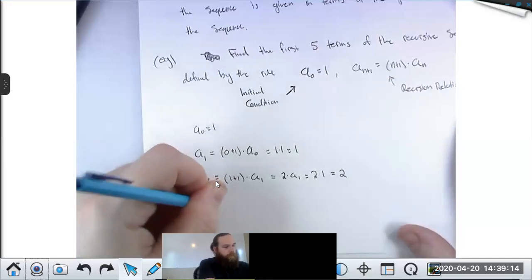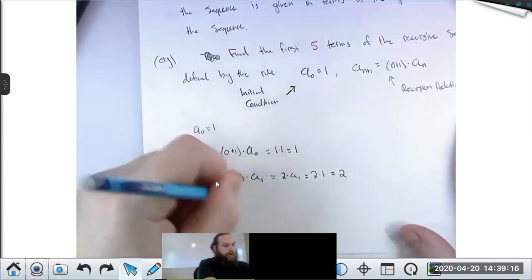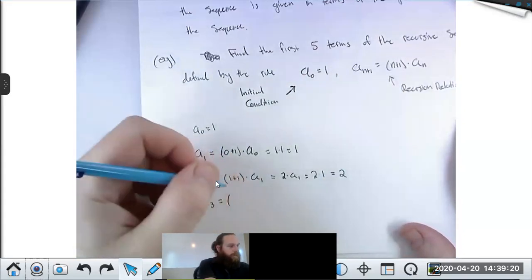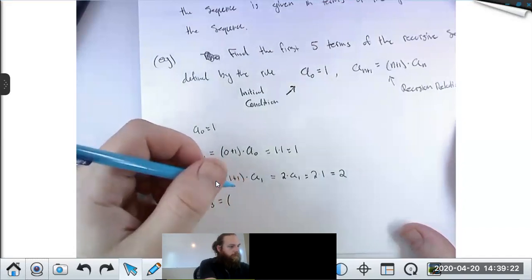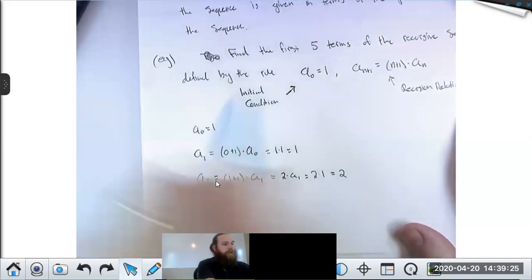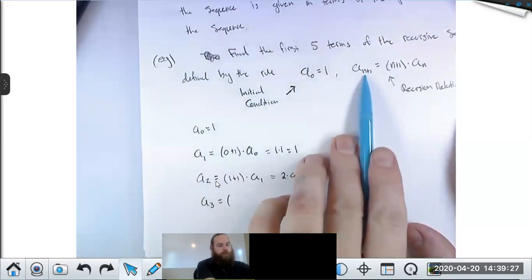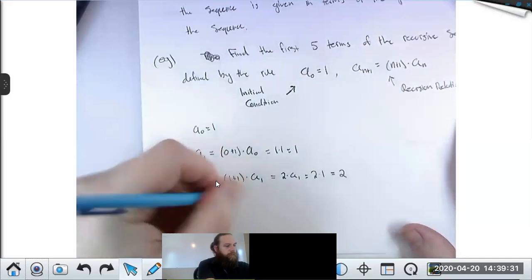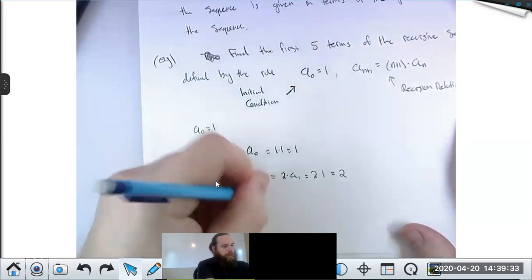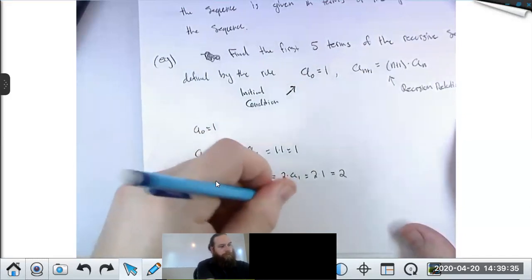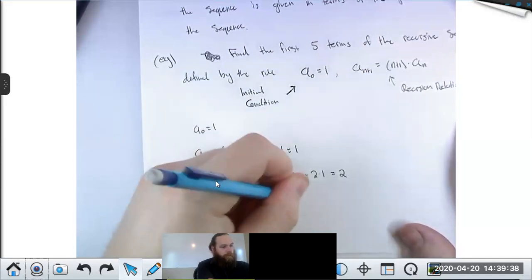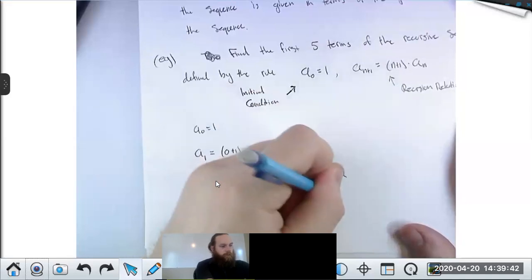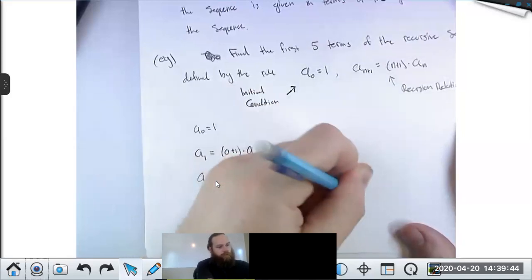So let's do a few more. To get a3 out, I plug in n equals 2, because this is an plus 1. So a3 is 2 plus 1 times a2. Well, 2 plus 1 is 3, so this is 3 times a2, and a2 is 2, so this is 3 times 2, which is 6.